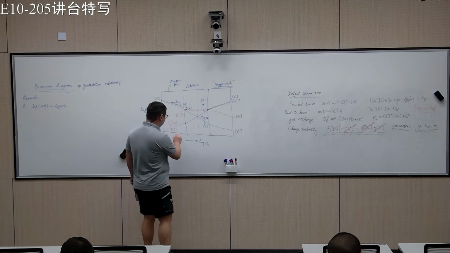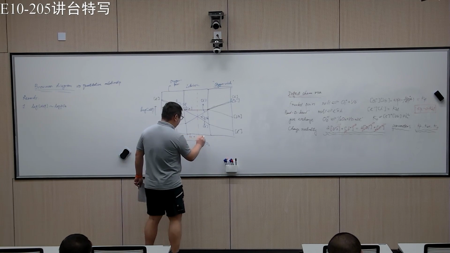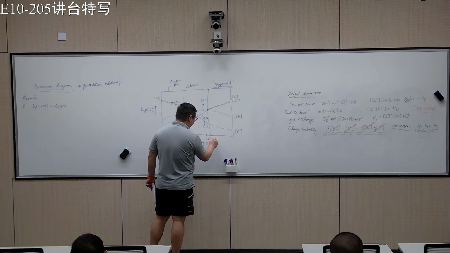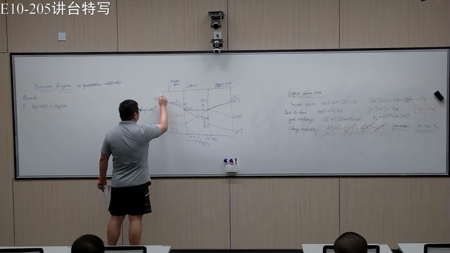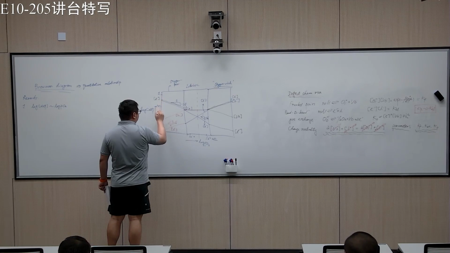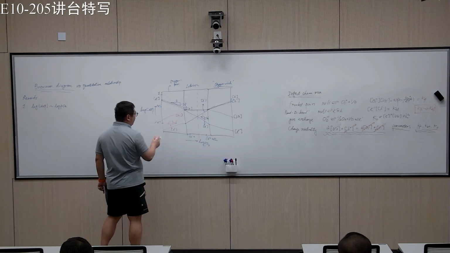You can imagine this is 10 to the minus 2, 10 to 2 atmosphere, something like this. And this fraction will be maybe just 1 here, 10 to the minus 1, 10 to the minus 2, something like this.